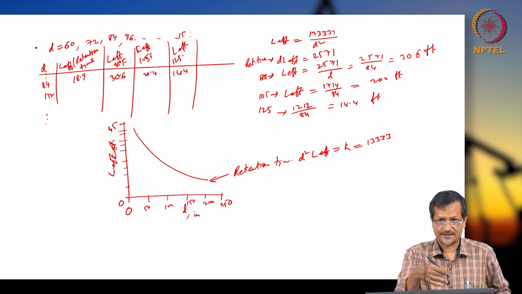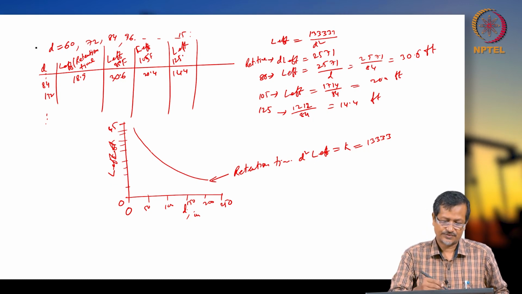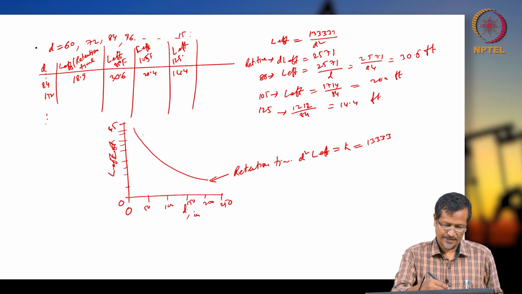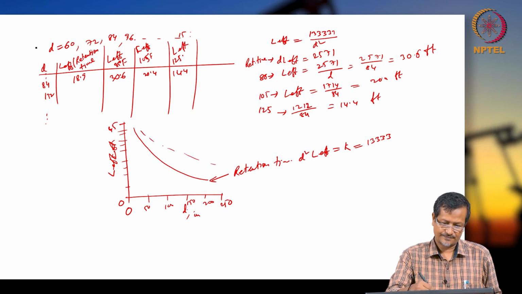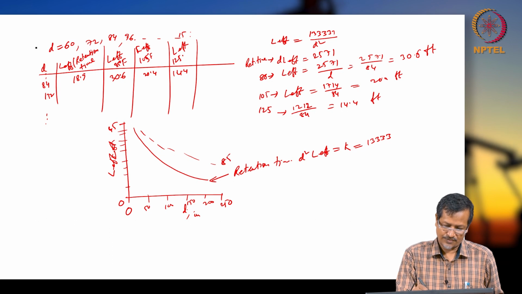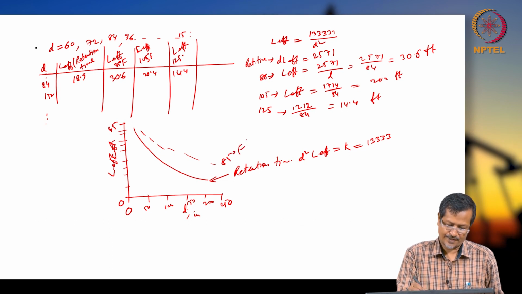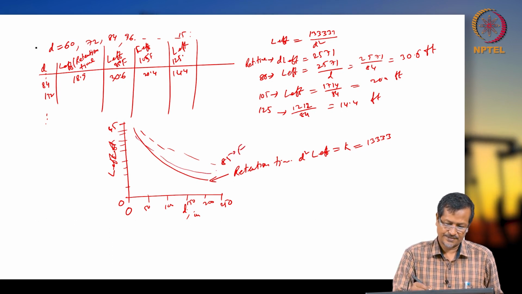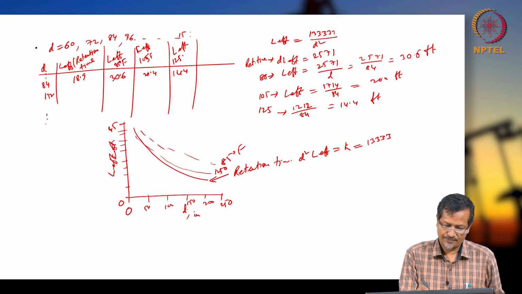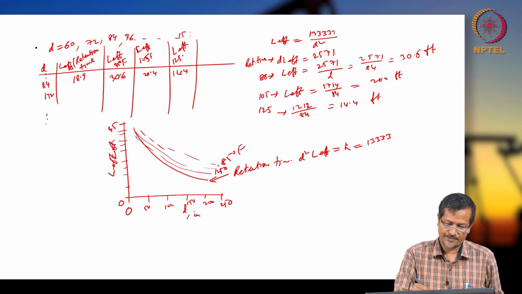Now you draw other curves also. So other curves they have drawn like this. So 85 degree Fahrenheit, some curve came like this, 125, some curve will be like this, maybe 105.